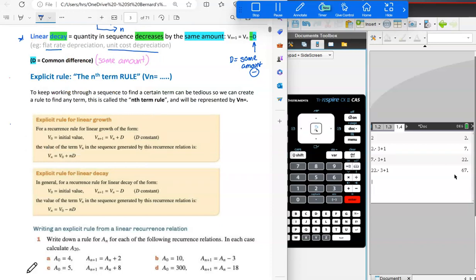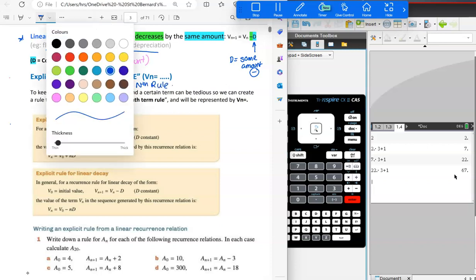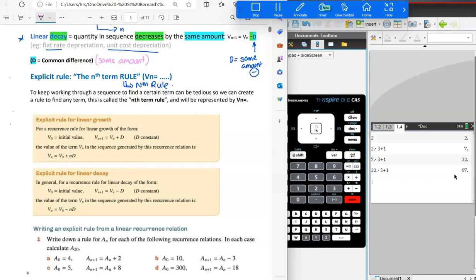So you'll see on your summary sheets at the back, I call this the nth rule, and it's so you can get the value at any time. Okay, so it's a rule to get value at any time.